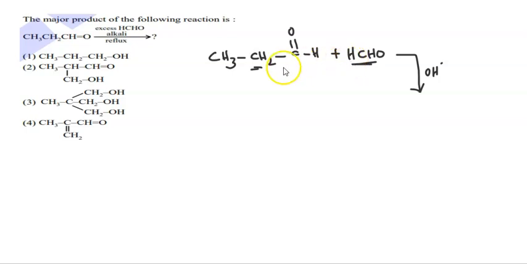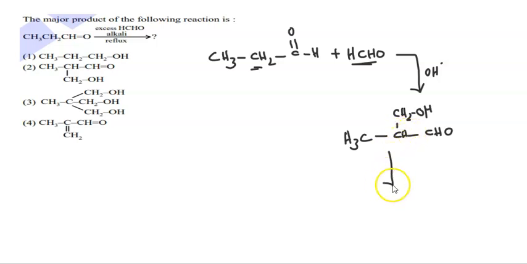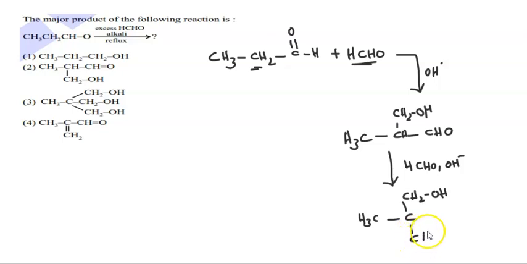Thereby if one formaldehyde reacts with propanaldehyde, you can get the compound CH3-CH(CH2OH)-CHO, and here one hydrogen is there. If it is reacting with formaldehyde again in the presence of base, you can get CH3-C(CH2OH)2-CHO.